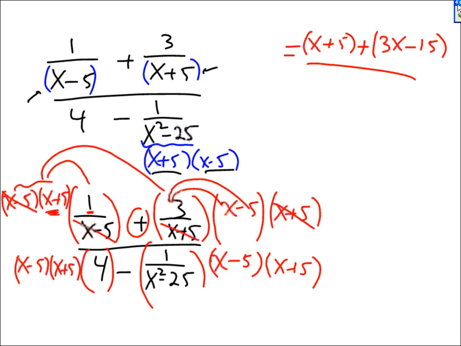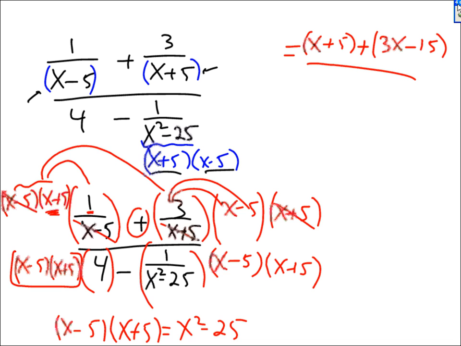Now sometimes it's best to think of x minus 5 times x plus 5 as x squared minus 25. Like right here. When I multiply it by 4, I'll get 4x squared minus 100. Minus.